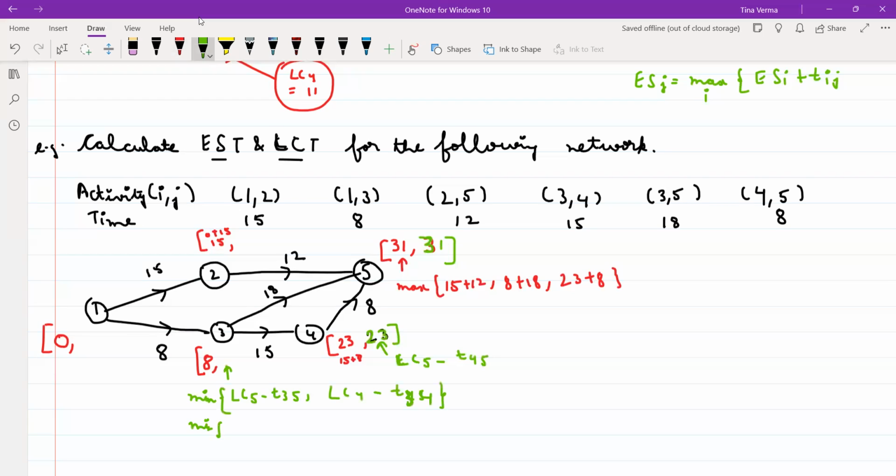This is the minimum of LC: 31 minus 18, and 23 minus 15. So what is the minimum? That is your 8. So here it will be 8. Is it clear? The second activity is coming only from 5, right? So there I need not calculate any minimum. So that will be 31 minus 12. It will be 19.